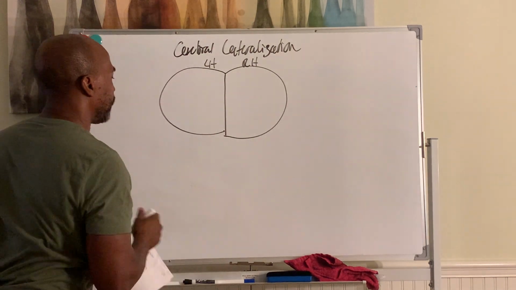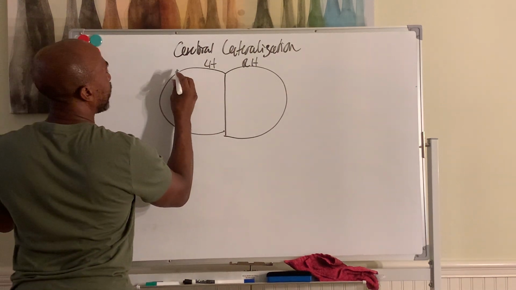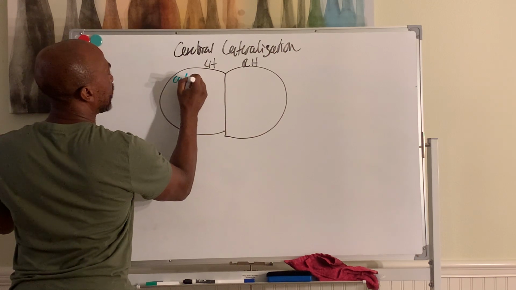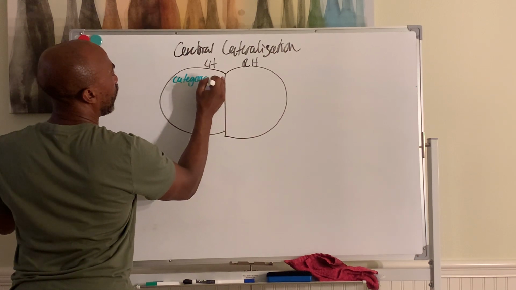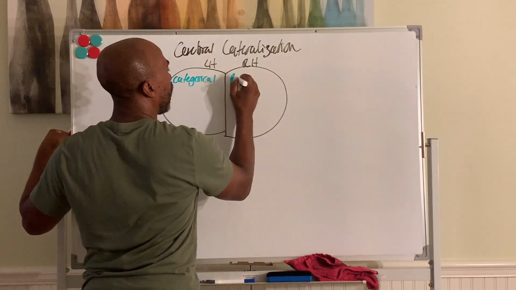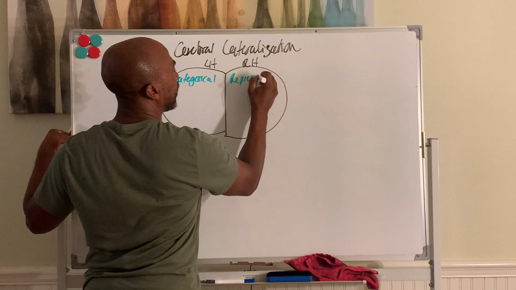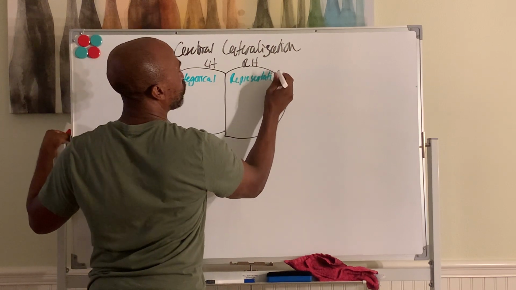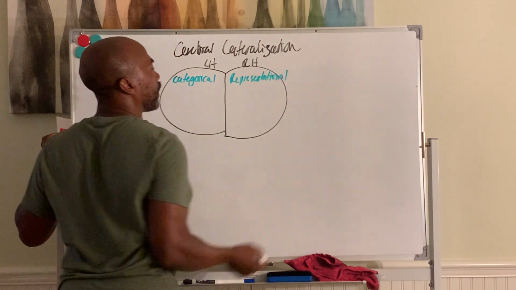In general, the left hemisphere is what we call your categorical hemisphere, and the right one is what we call your representational hemisphere.